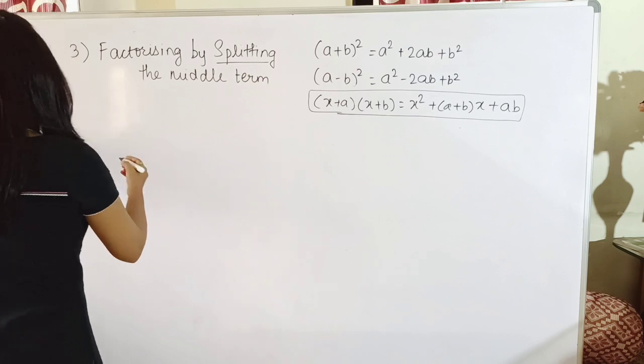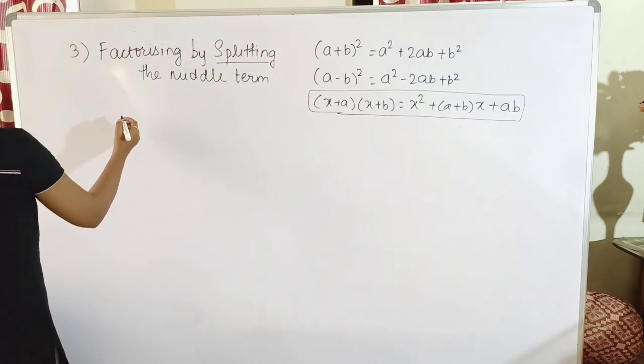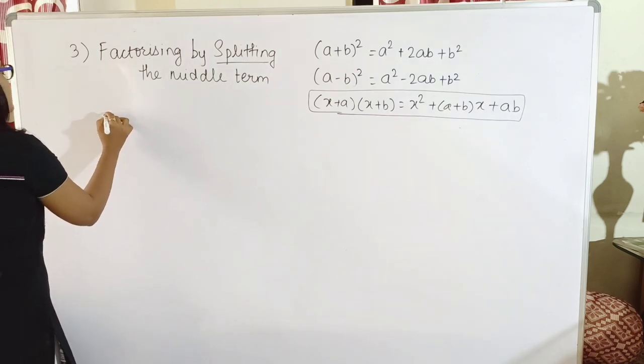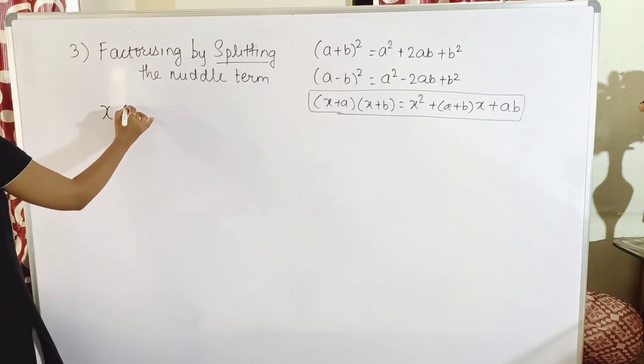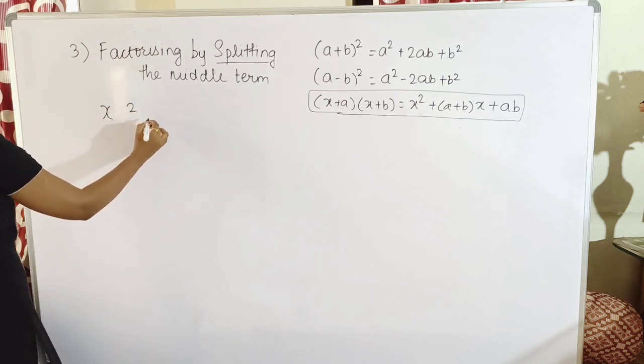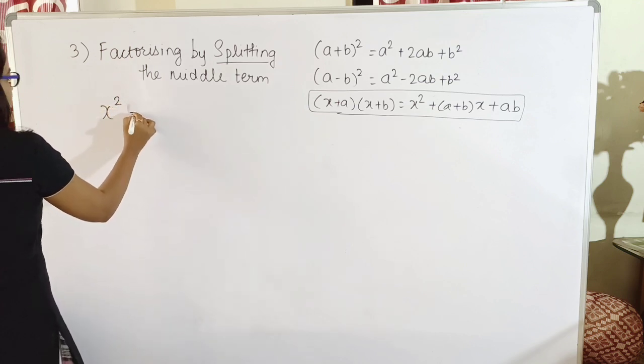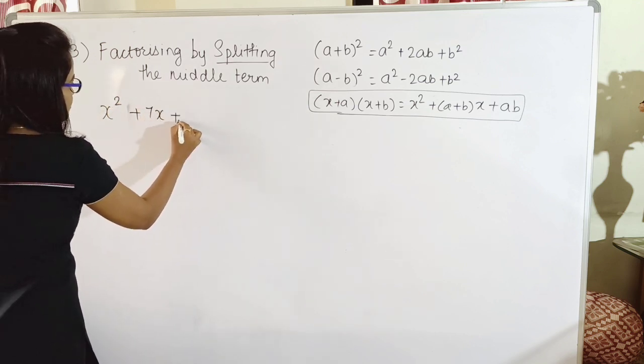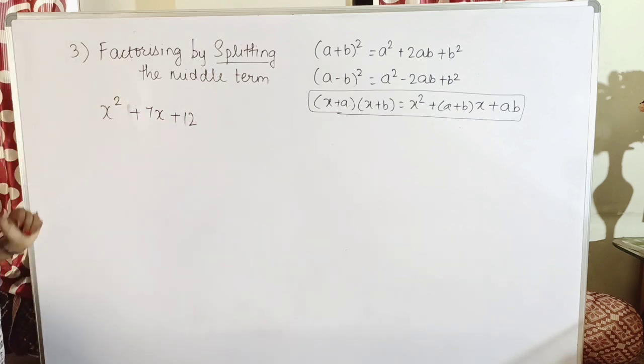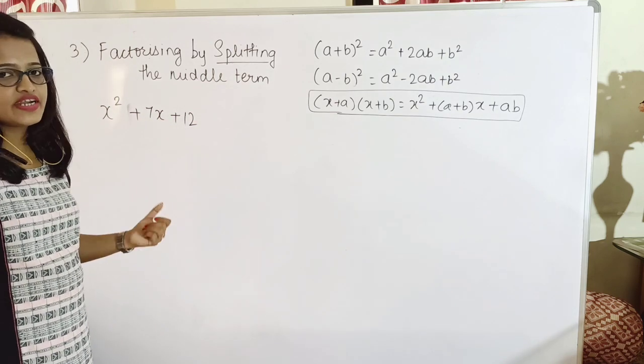The middle term. Let us write down one example. Suppose the example is x square plus 7x plus 12. This is an expression given to you and you have to factorize it.